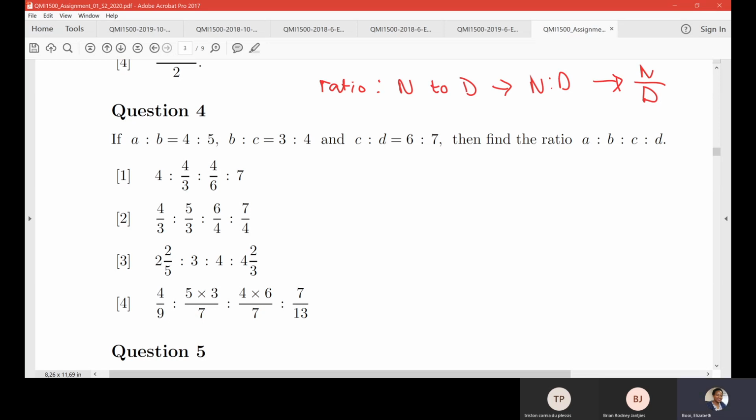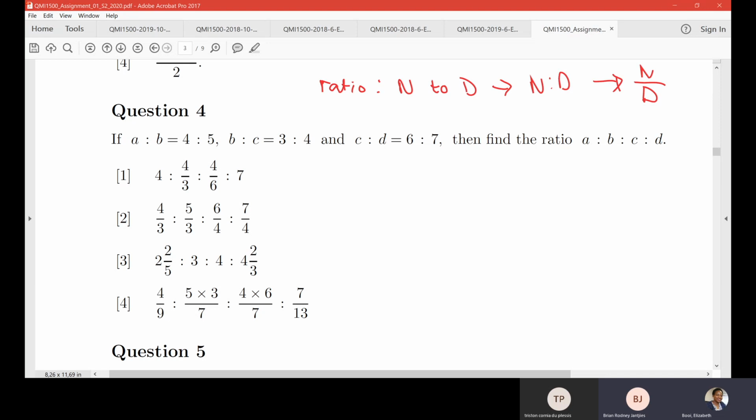I see what you mean. You get very confused with this because they give you A and B and B and C. So B to C is not the same as A to B. Exactly.